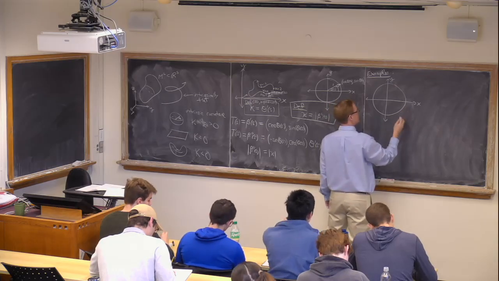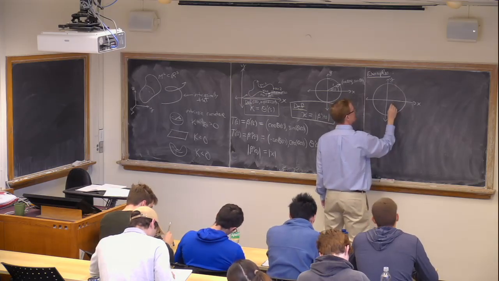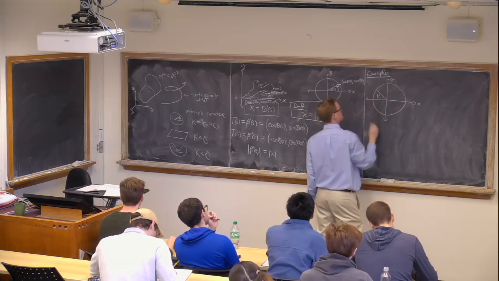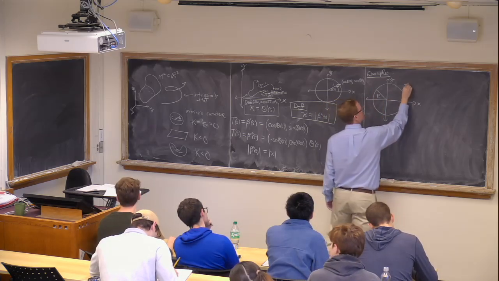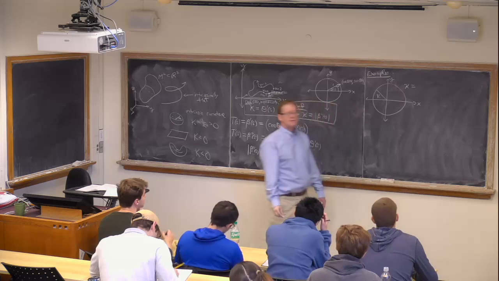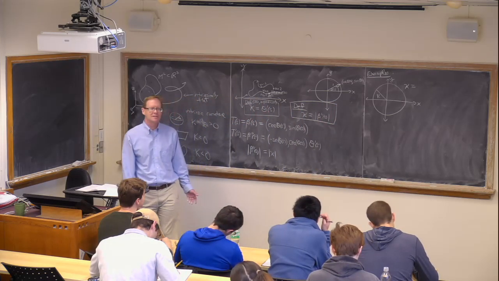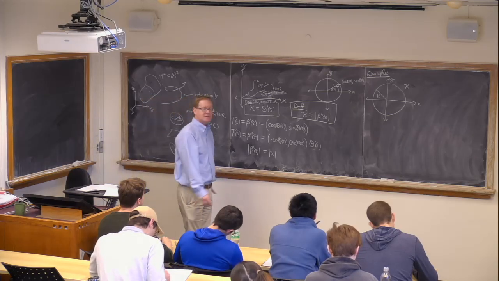Okay, so my question for you is, if this is a circle of radius r, what is the curvature? Can we agree that a circle, because it's symmetrical, should have constant curvature? So what is the curvature? Well, it's theta prime of S, right?